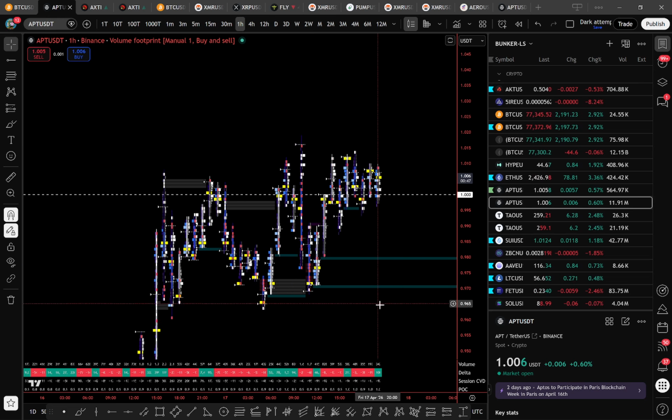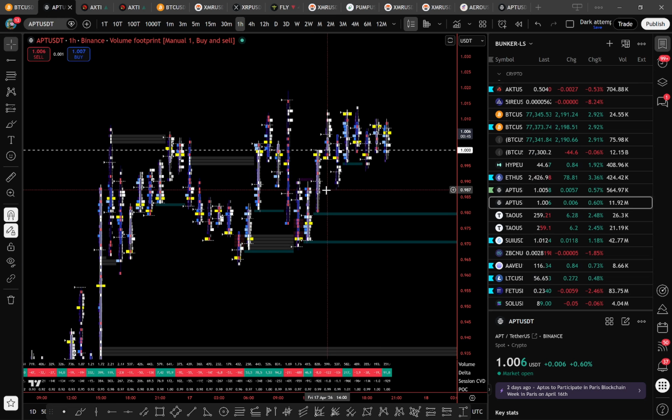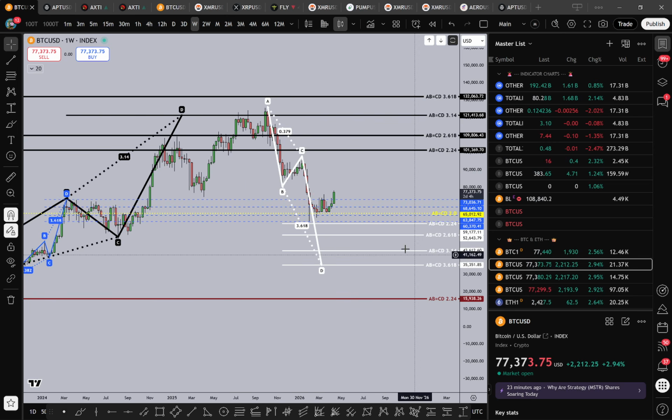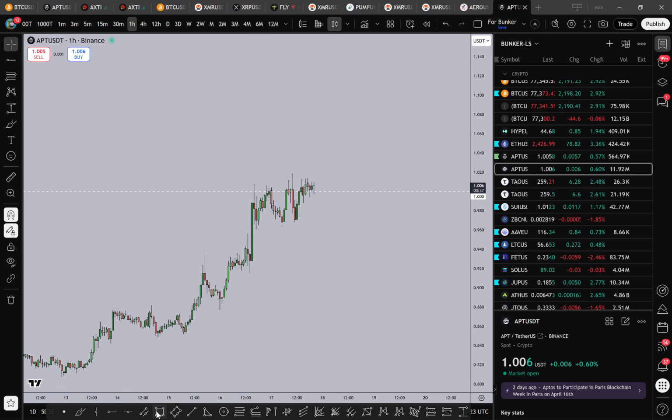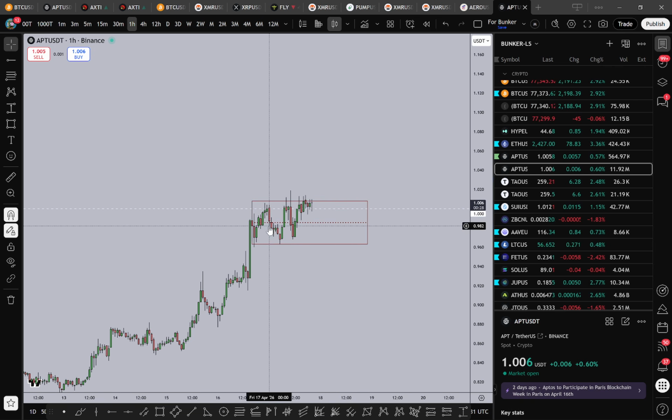That's it, right? So we've got a very clear range to begin with, and we're trying to deviate away from that range, but the range on this is very much just this, right? There's your range. You're not above your range highs yet. And you can treat it as this, but I think this one's better. Yeah, that's better there.